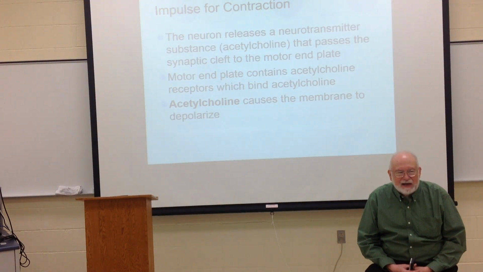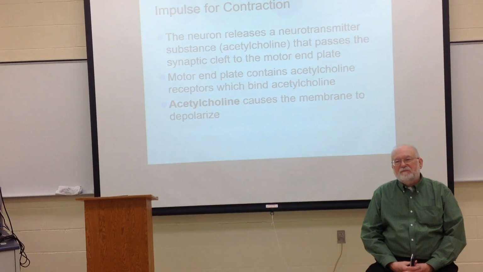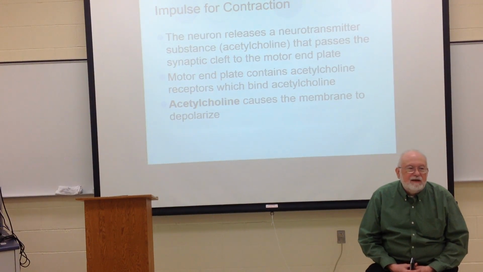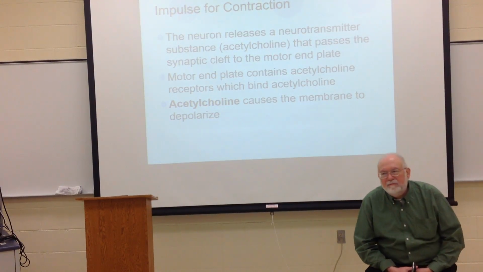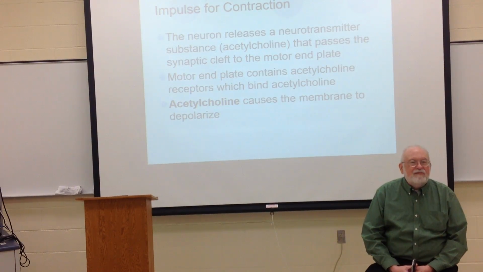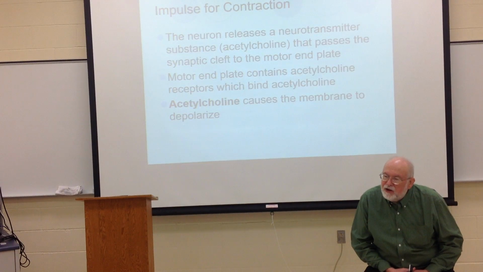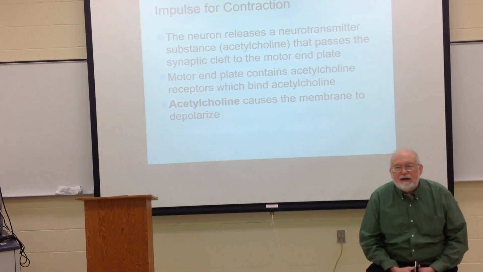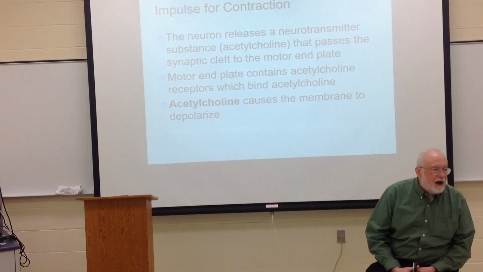It depolarizes. What does that mean? What happens to the charge? It was negative to start with, now it's positive, isn't it? Because what's the charge on a sodium ion? +1. Yes. All right, so that section of the membrane has depolarized. It has changed charge. It went from being negative to positive. All right? Just in that one spot.